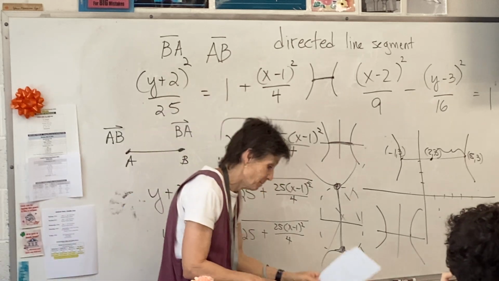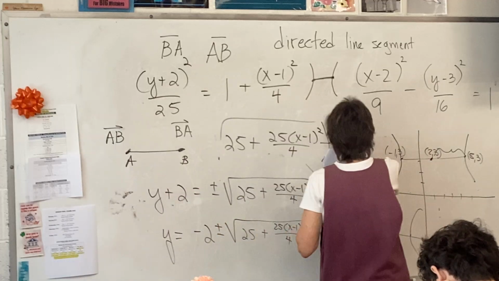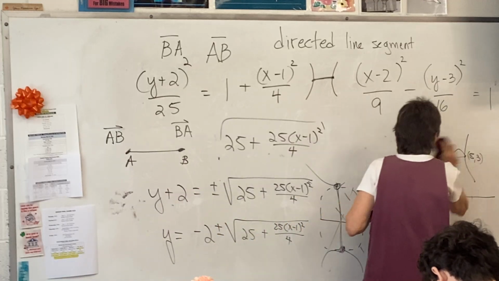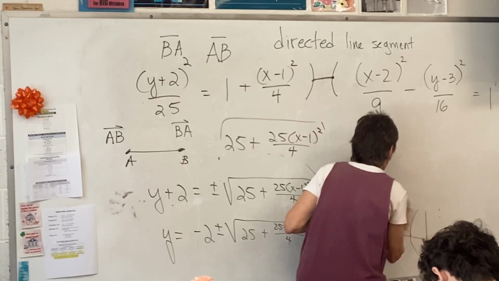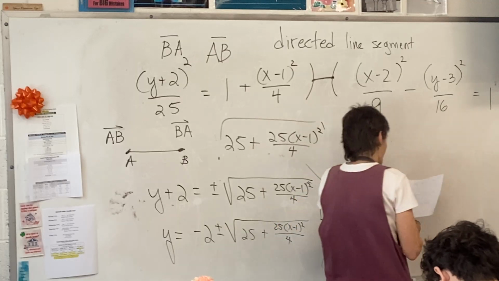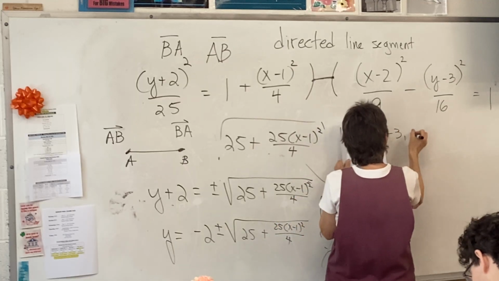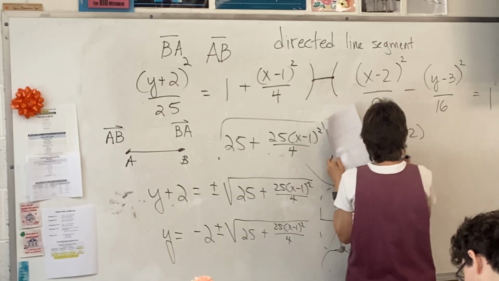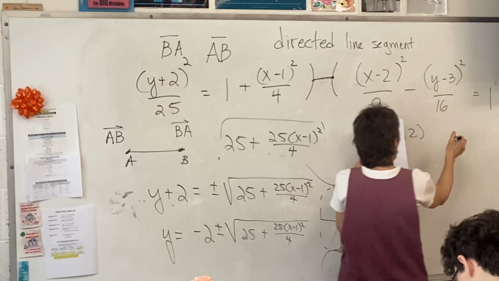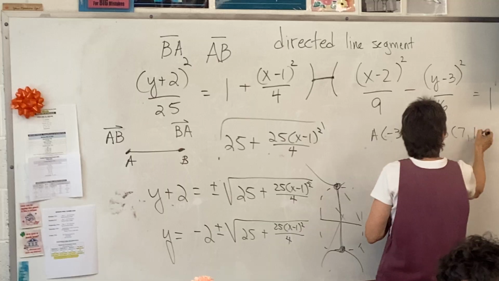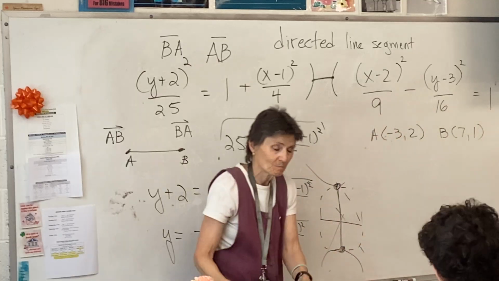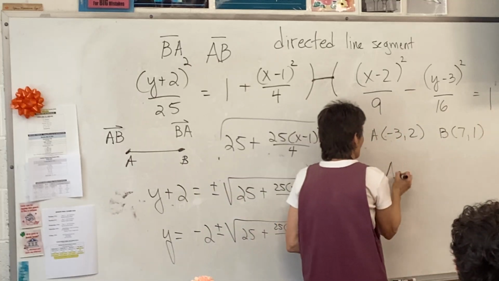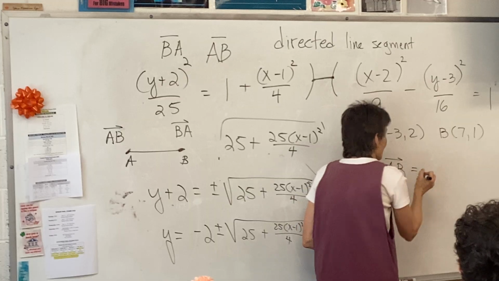So the last problem today, we are gonna find the coordinates for the vector that starts at -3, 2, I'll call that point A, and goes to 7, 1, I'll call that point B. So we are finding the coordinates of vector AB.